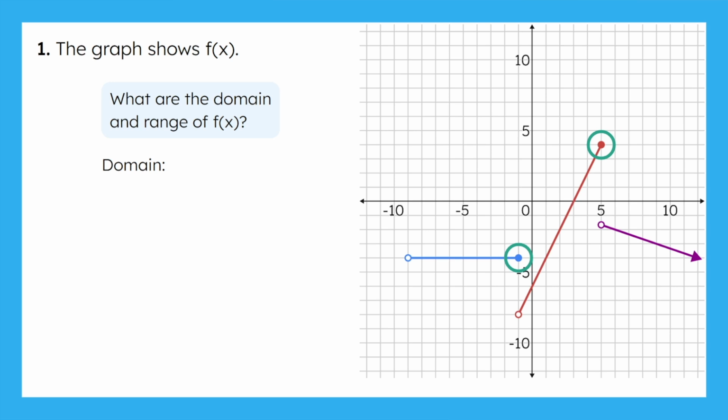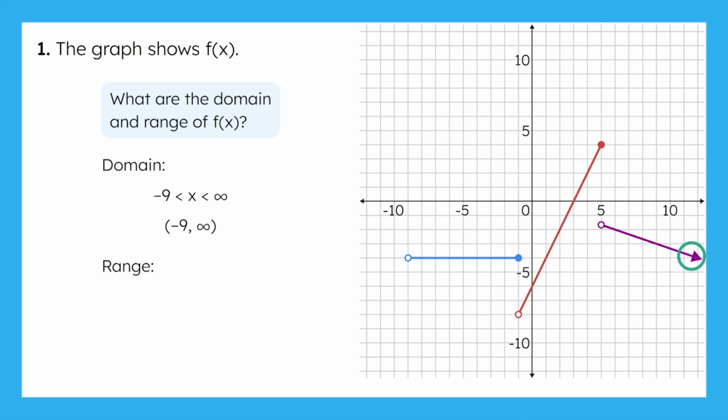So in inequality notation, the domain would be -9 is less than x is less than infinity. And in interval notation, it's (-9, infinity) with parentheses on both sides. As for the range, what values of y can and cannot be created by this function?